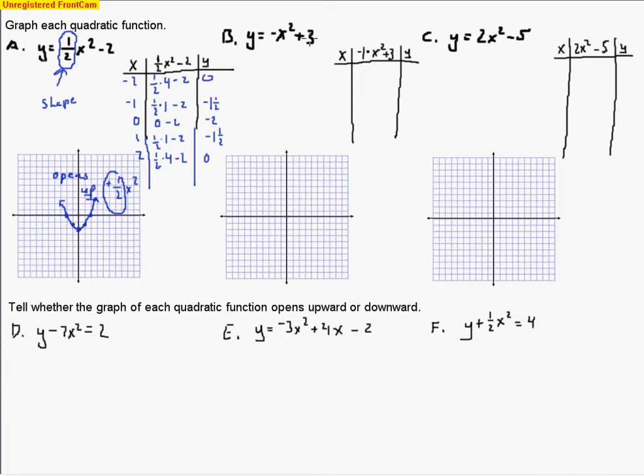So taking a look at this next problem, remember, if you see a minus sign in front of x squared, always treat that as -1. That's why I wrote -1 here, being multiplied by the x squared. So let's go ahead and try graphing this one. Again, we're going to start with those same numbers, -2 to start with. So if we plug in -2 and we square it, we get a 4.